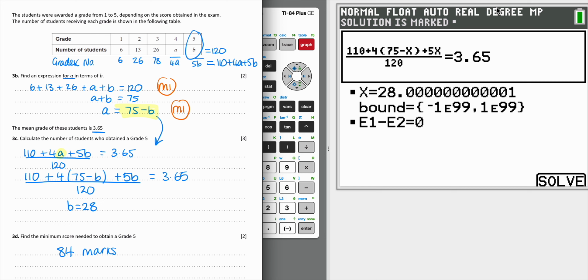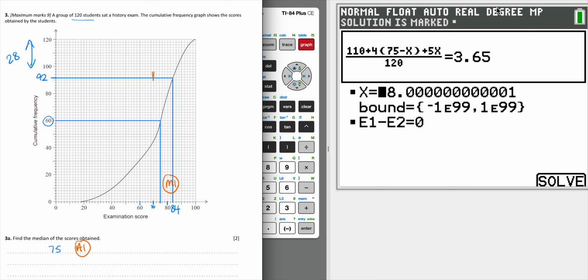And then for part C, this was 3 marks. 1 mark is for realizing that you need to multiply and then divide to make it equal to the mean. And then the other marks are for substituting in that B value, and then at the end, finding your answer. And then the last part there is 2 marks. So similar to before, there is 1 mark for the answer and 1 mark for some level of working out on your graph.